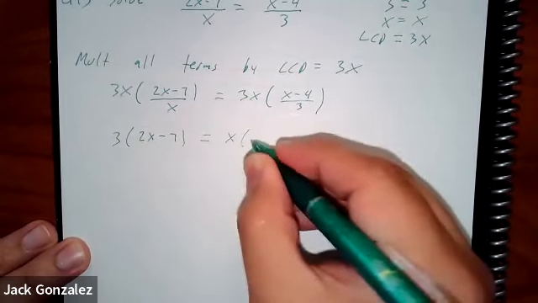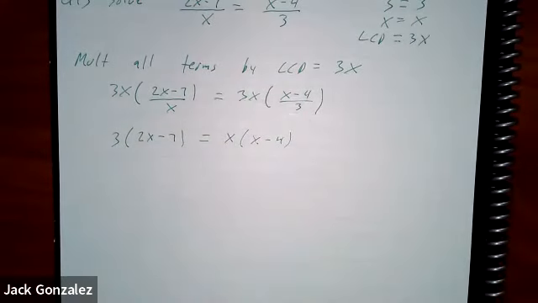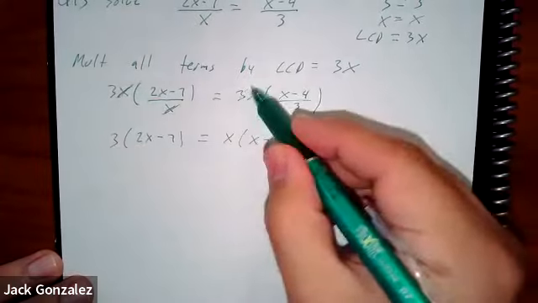Over here, you'll have X times X minus 4. These are gone. These are gone.